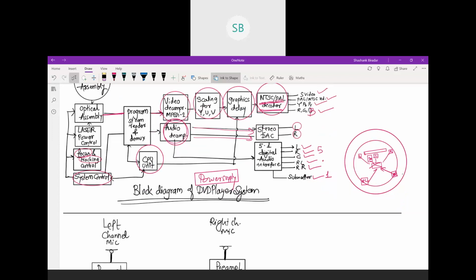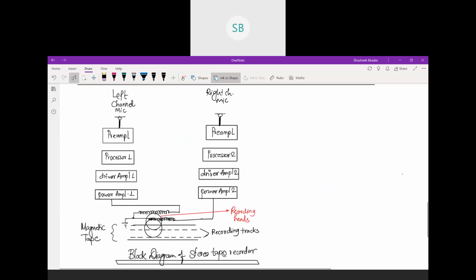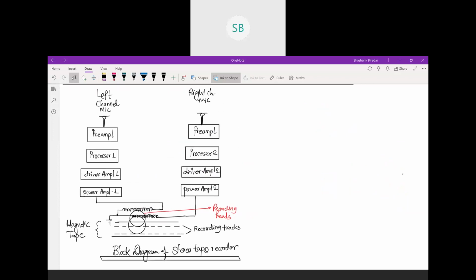And lastly, I guess in most of the examinations in the previous syllabus, this point was there. This is the block diagram of a stereo tape recorder. Okay, so I don't know whether they will ask in the examination or not, but still we will cover this one.